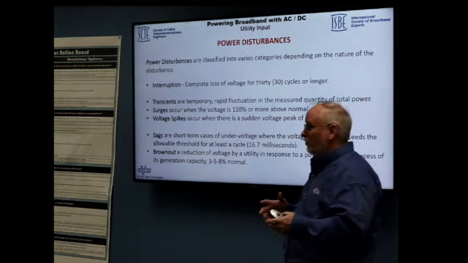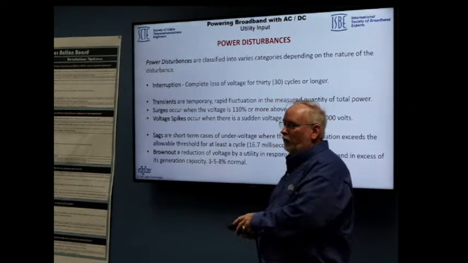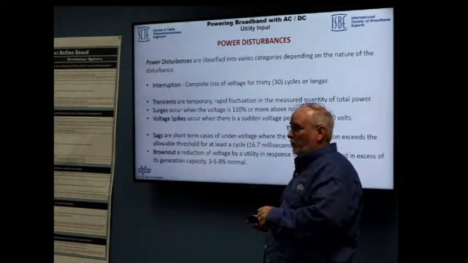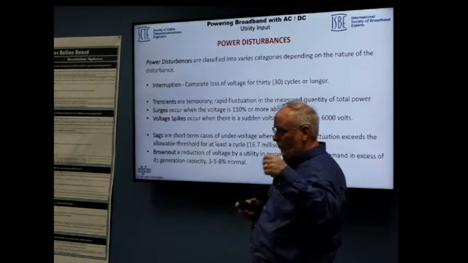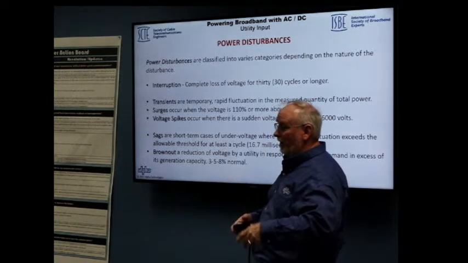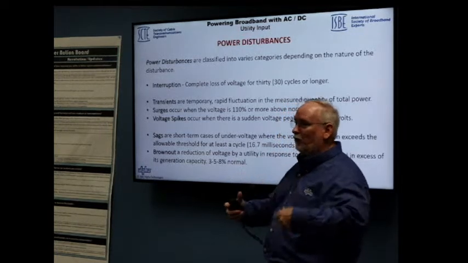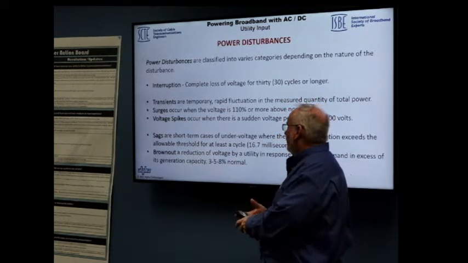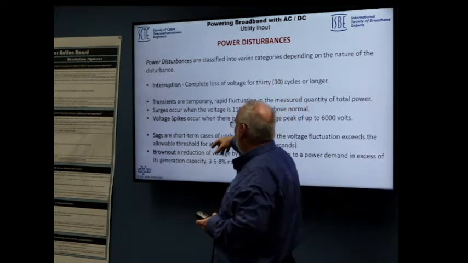In that architecture, rather than 30, it's 3. 3 cycles will cost you 15 minutes. That's because if your power is interrupted for 3 cycles, those CPUs within those units will shut down, and it takes them up to 15 minutes to come back up, and that's not including how long it takes for all the other cable modems to come up. So this is good for the powering for us. We handle that just fine.